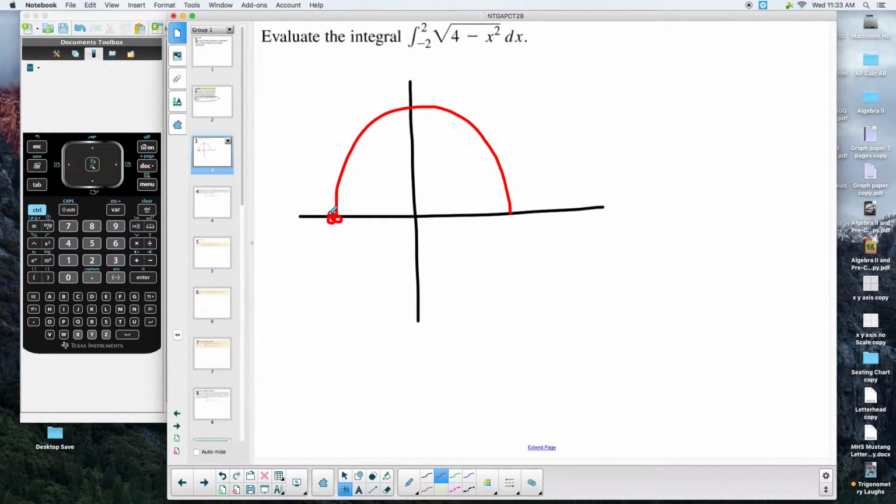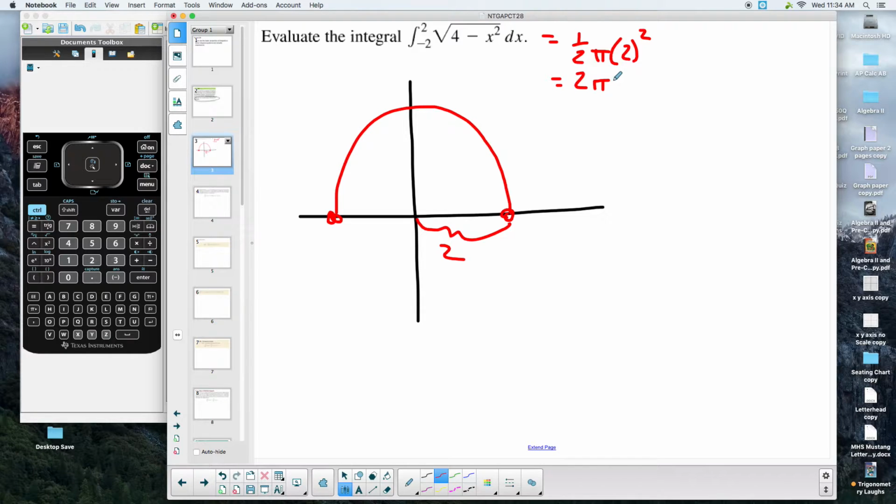So instead of doing infinite rectangles, I know the area of a circle I can cut in half. This is a semicircle, radius 2. So this simplifies to 1/2 pi r squared when r is 2. We simplify that, and that is 2 pi.